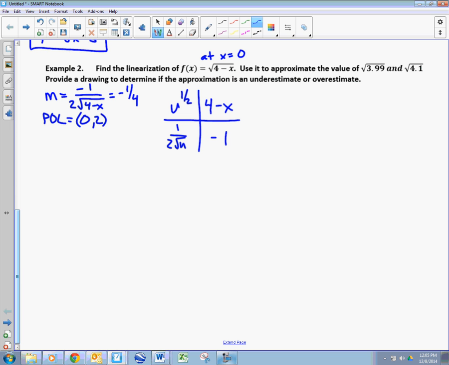So therefore, in this situation, I have y is equal to negative 1/4 x, and I know the y-intercept. What is it?